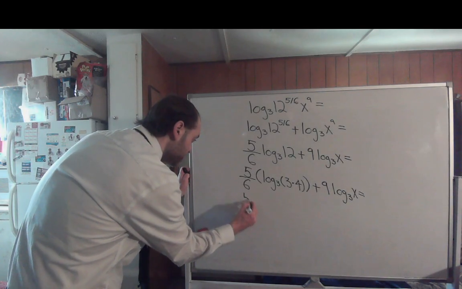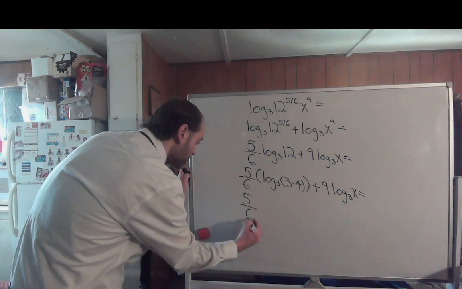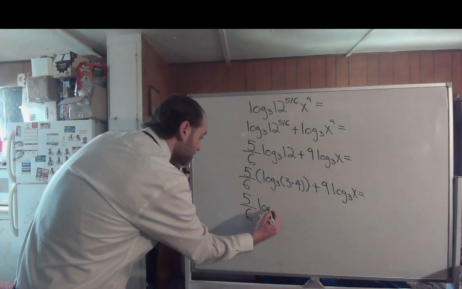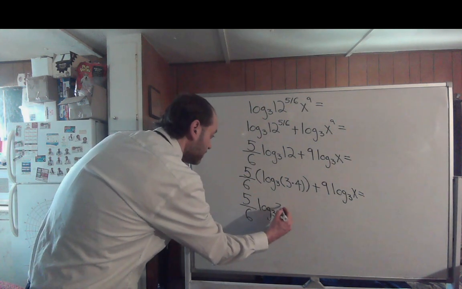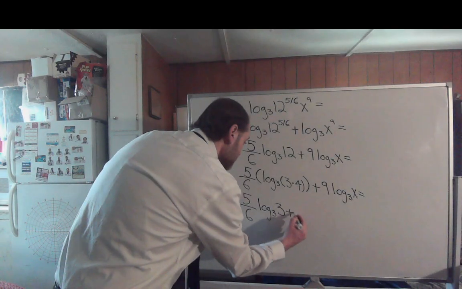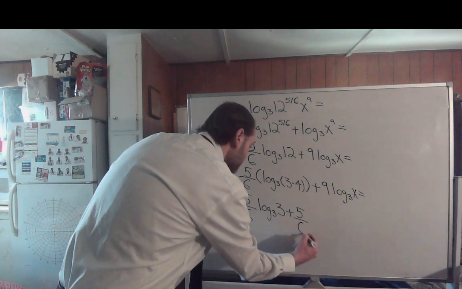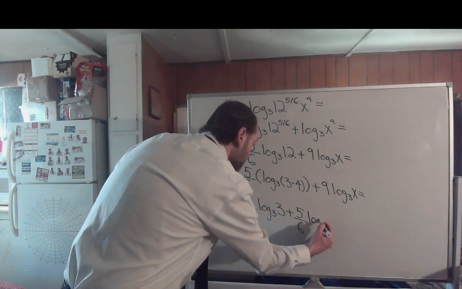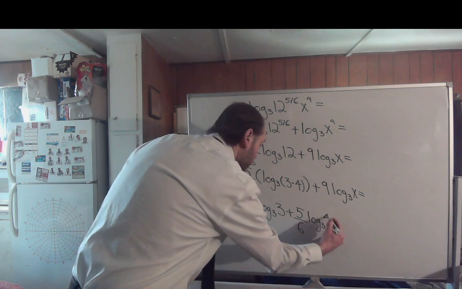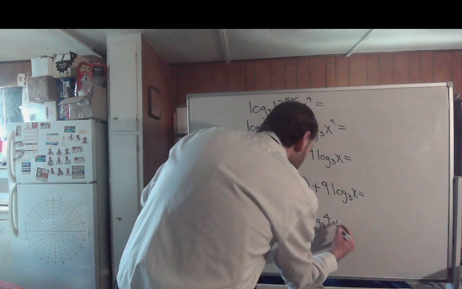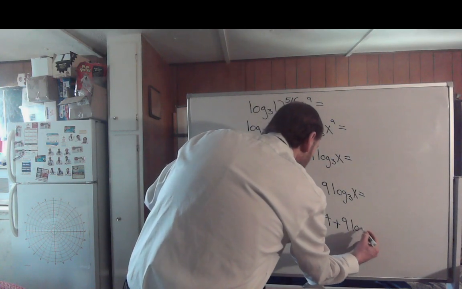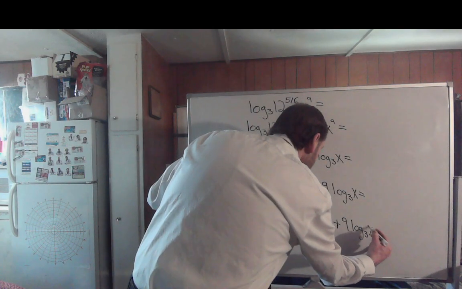This would turn into 5/6 times log base 3 of 3 plus 5/6 times log base 3 of 4 plus 9 times log base 3 of x.